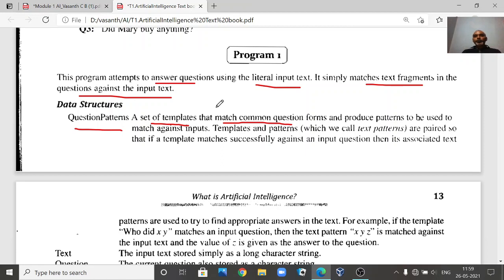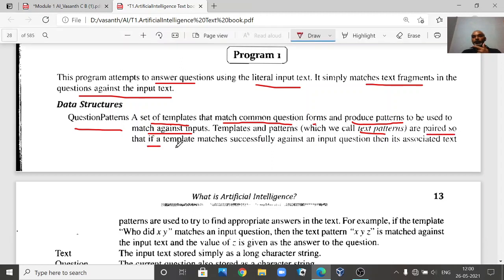So we have a set of templates that match the common question forms, and we produce patterns to be used to match the input, right? We'll have templates, and for each template there will be certain patterns. Now we try to match those text patterns. These text patterns are paired so that if a template matches successfully, right?